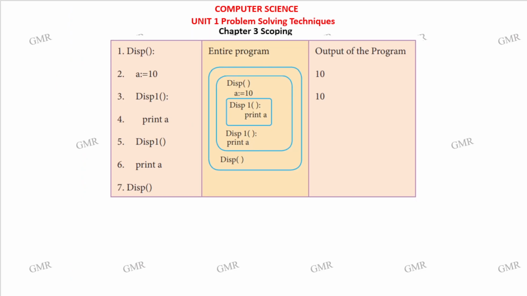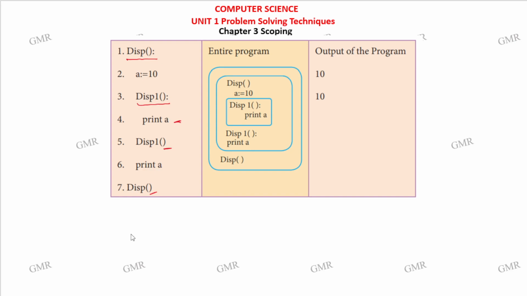Listen, a function within a function is called a nested function. Is it clear? Okay. Here, display is one function. In this display, we are going to have another display function which ends here, and after that ends, the first display function ends here. Is it clear?